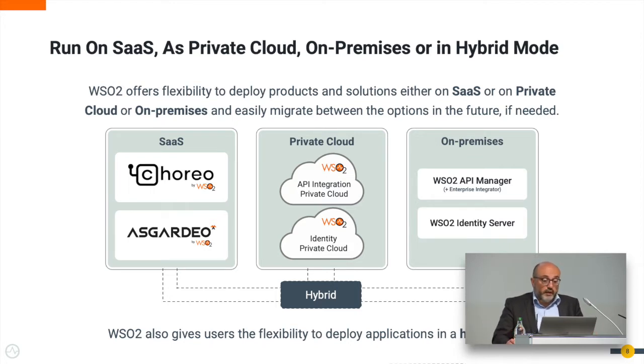If you want to start with an on-premises deployment, you can do it. If you prefer to start immediately with a SaaS option, or move to it later, we have a SaaS offering. And for those companies that want to take advantage of the benefits of cloud but do not fully trust a public cloud option, we have a private cloud.